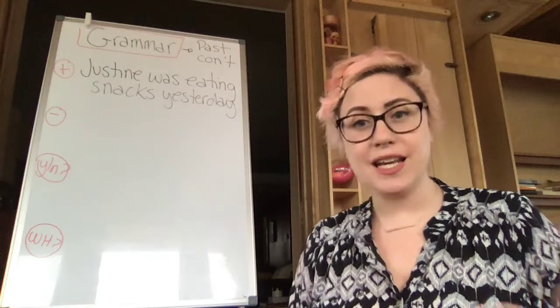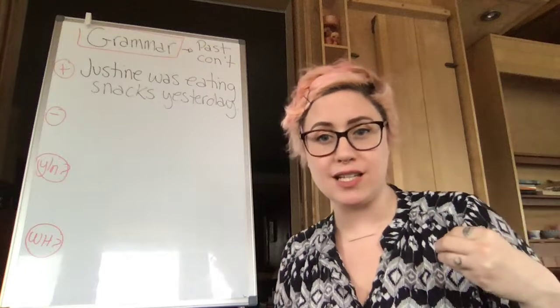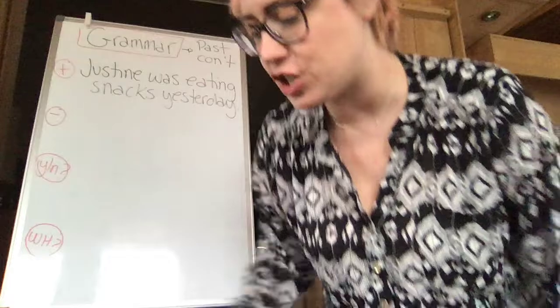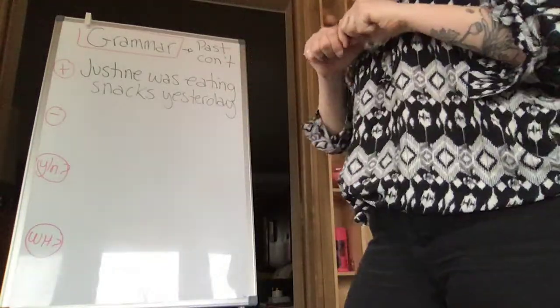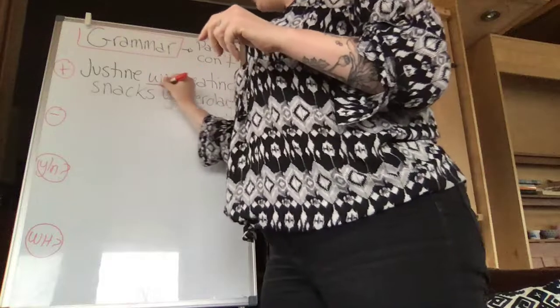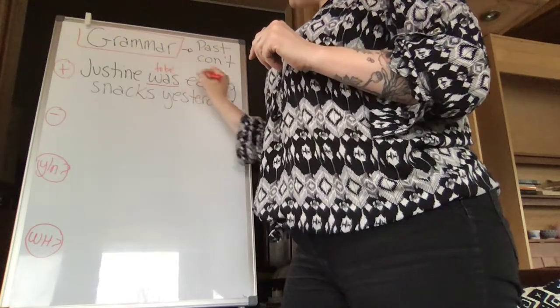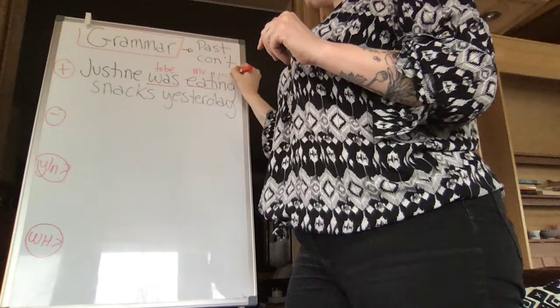The continuous tenses, I don't know if you remember, but all our continuous tenses have the same structure in English. So this continuous tense is the verb to be plus your main verb plus ing.